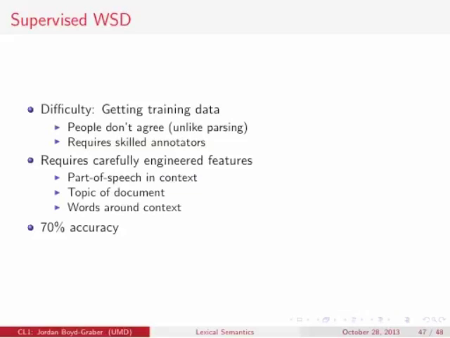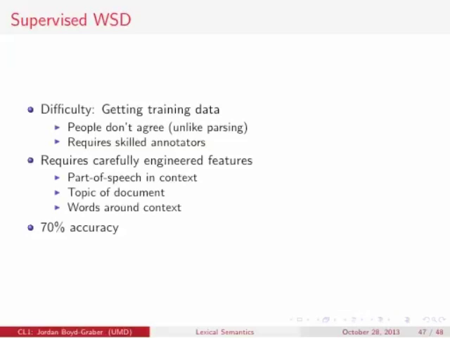And even so, we're only getting around 70% accuracy, which shows that word sense disambiguation is a very hard task. At this level of accuracy, it really hasn't helped many downstream applications that you might want to use word sense disambiguation for, like information retrieval or machine translation. One of the big challenges of lexical semantics is to create training data and algorithms that can prove useful to other downstream tasks.